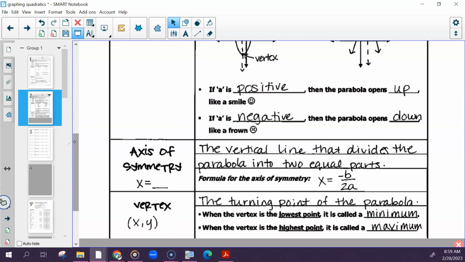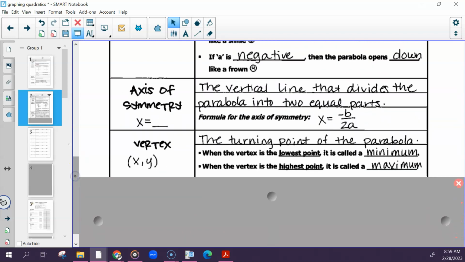There is a formula, so I'm going to show you guys how to graph this algebraically and how to use your calculator to do so. But this is the formula you'll need for that. X equals negative b over 2a. When we get into our last lesson of this, that will look familiar.